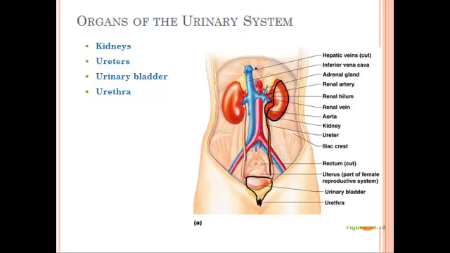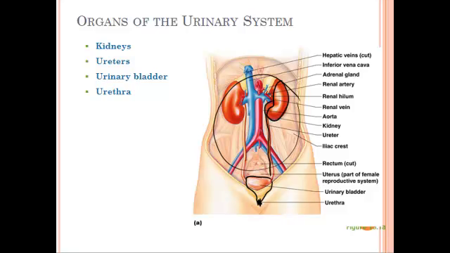The circulatory system is closely associated with the urinary system because the kidneys filter the blood, so the blood is going through these kidneys. And you can see the rectum, the large intestine. It's not part of the urinary system, but the digestive system is going to be located in this abdominal region. And then we have the diaphragm up above and the thoracic cavity.